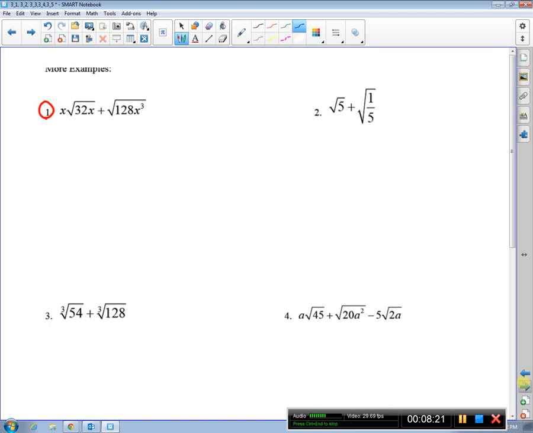If you're not sure what goes into 32, break it down and it might help you. It's 2 times 16. Now you could keep going if you want to do the prime factors, but I see 16 is a perfect square. So I'm going to write x square root of 16 square root of 2x for this part.